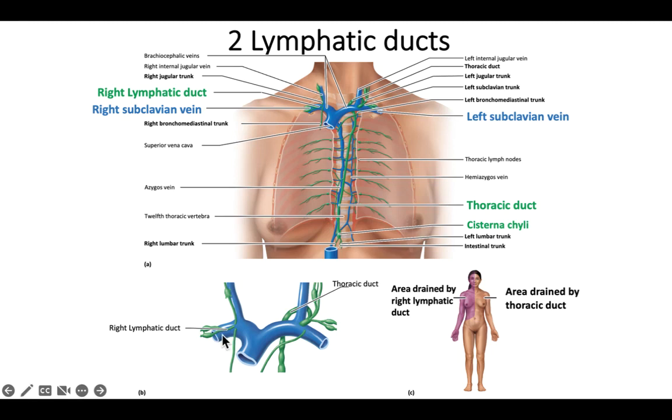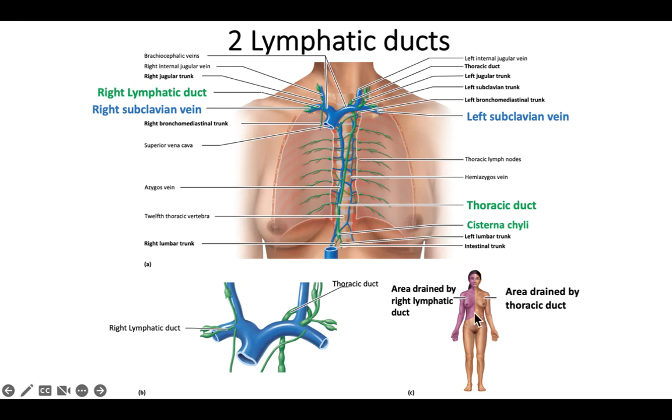Now, this is one of these examples in the human body where we see that we're not symmetric. Lymph from everything below the diaphragm, so both legs, your abdomen, your entire left side of the body, all drains into the thoracic duct.